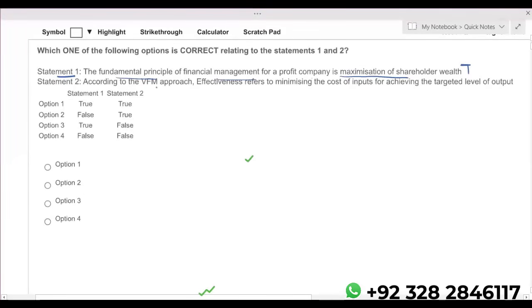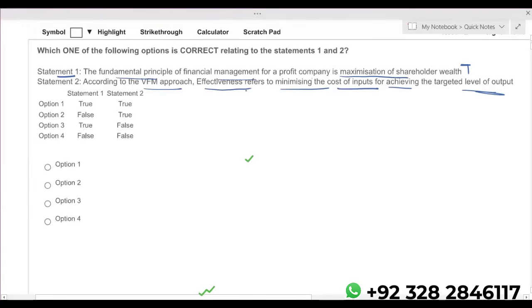According to the value for money approach, effectiveness refers to minimizing the cost of inputs for achieving the targeted level of output. No. Basically, effectiveness means I need the desired result.